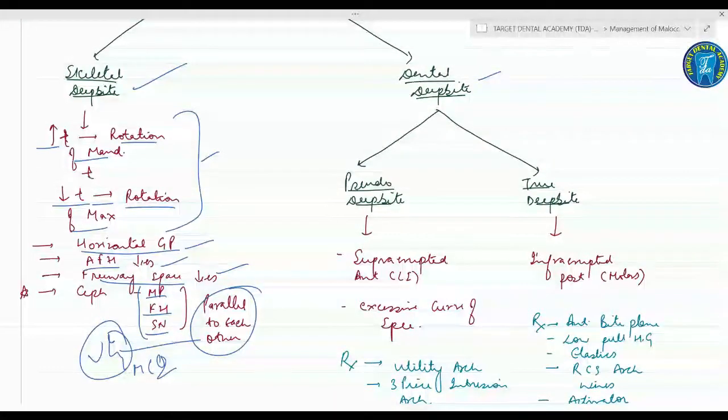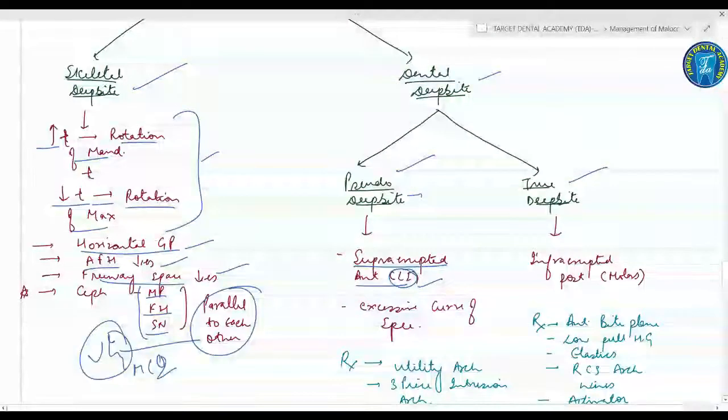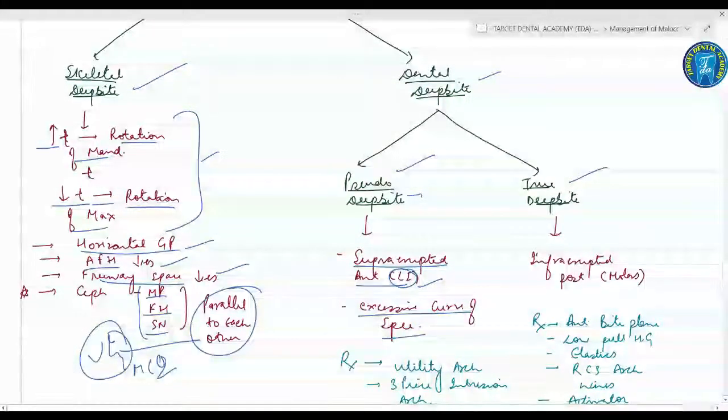Now coming on to the dental deep bite. The dental deep bite may be due to two reasons. It may be a pseudo deep bite or a true deep bite. The pseudo deep bite means the dental deep bite is associated with the supra-eruption of the anterior teeth, usually your lower incisors. In the pseudo deep bite, you will see that the patient has an excessive curve of Spee.